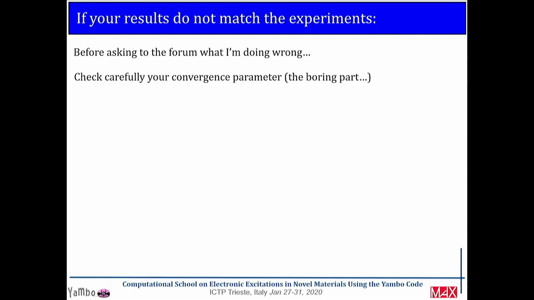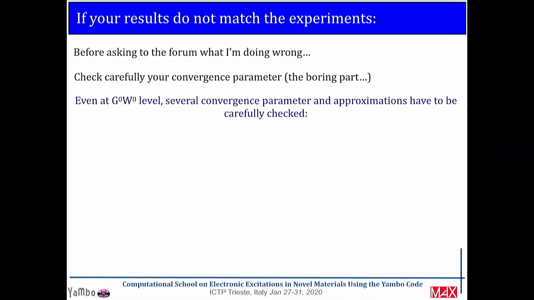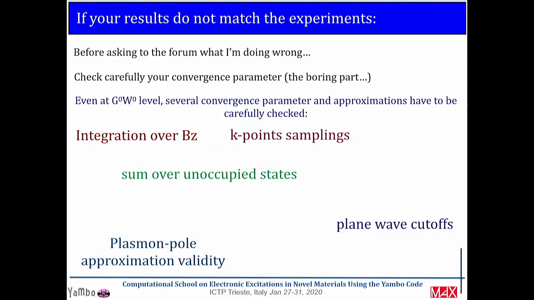It's just repeating your calculation, increasing parameters. Even at G0W0, again, several converged parameters and approximations have to be checked. Here is just the sum of the ingredients we discussed now that should be checked, that you will see.